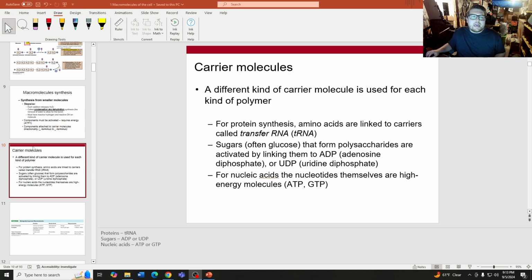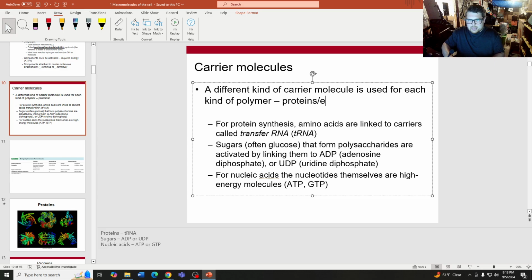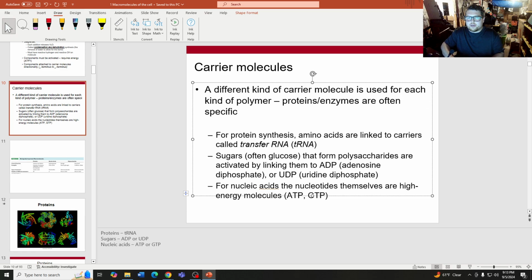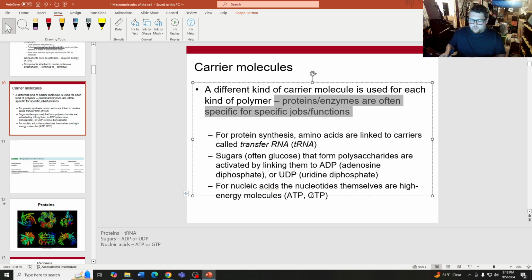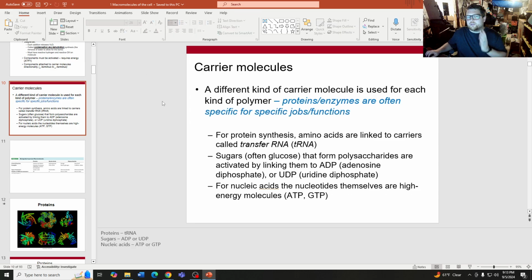Okay. A different kind of carrier molecule is used for each kind of polymer. You'll talk about this a lot in biochem, but just think of it this way: proteins and enzymes are often specific for specific jobs or functions, which means that we create proteins and enzymes in order to do specific jobs, and they do those specific jobs.